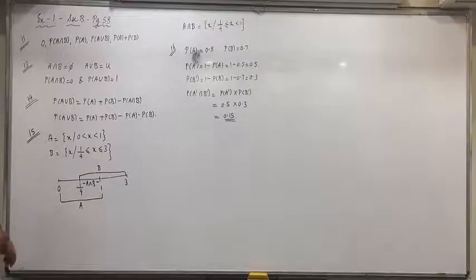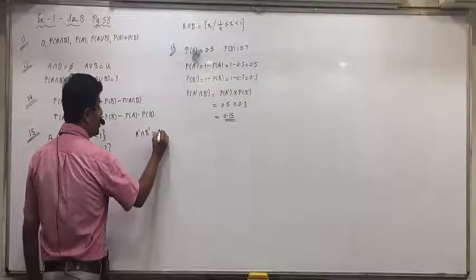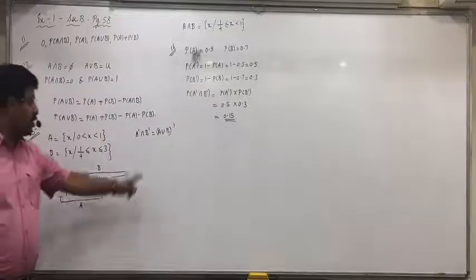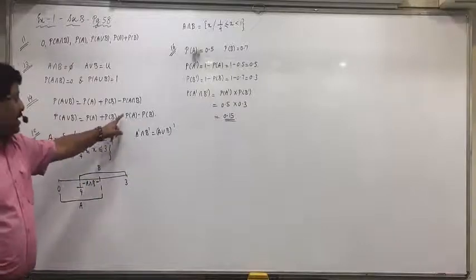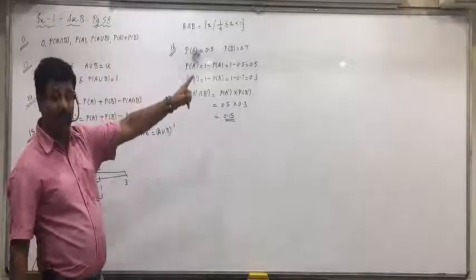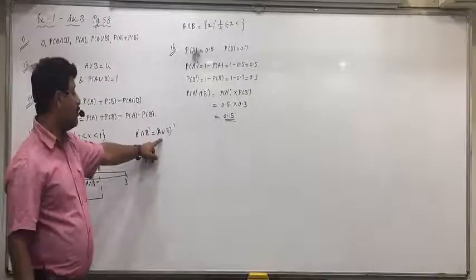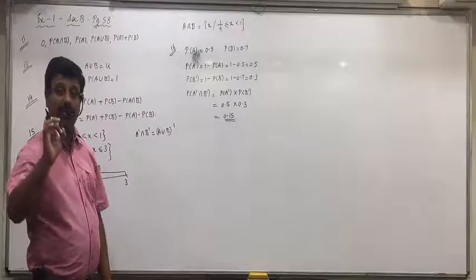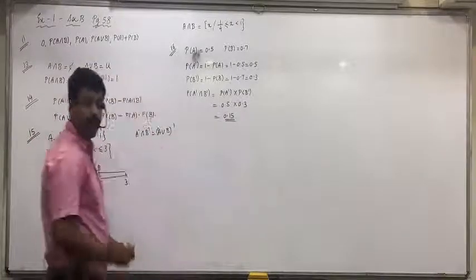One more way of doing it is there, I told you. A not intersection B not is equal to A union B whole not. So first you will find that is P(A) plus P(B) minus P(A intersection B), which will be 0.5 plus 0.7 minus the product. And then how will you find this A union B whole not? 1 minus A union B. I am asking you, when will you have to do this way only?